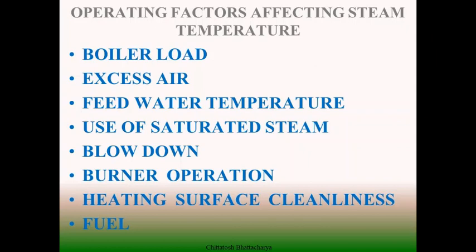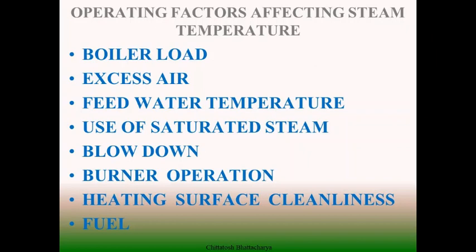The most important part is the fuel quality, how much heat value is available with the fuel, because each burner has a maximum capacity of firing fuel. If fuel heat value is more, we can fire less quantity of fuel for generating the same quantity of heat.